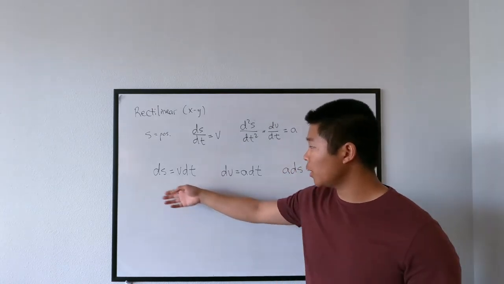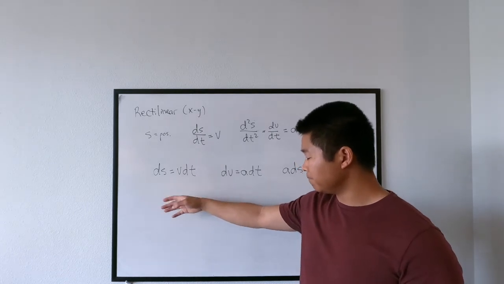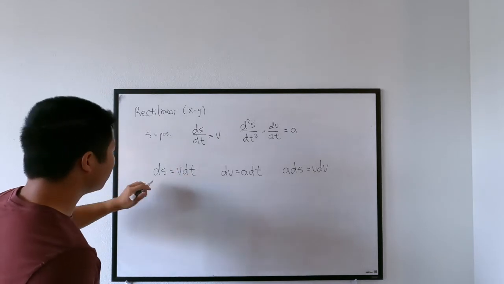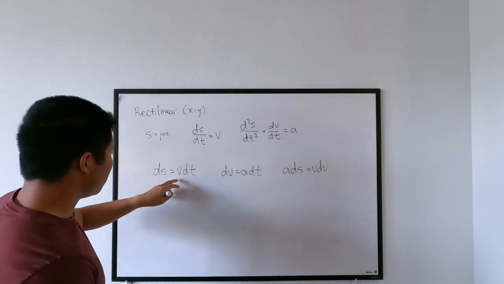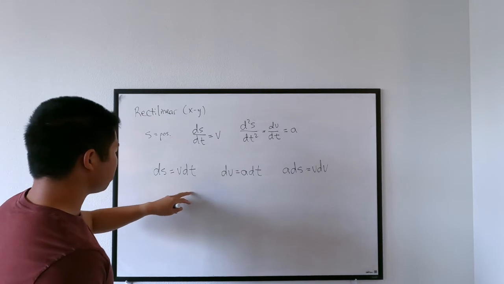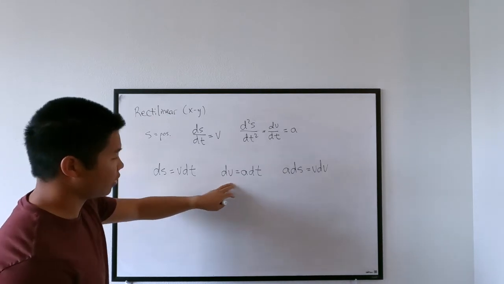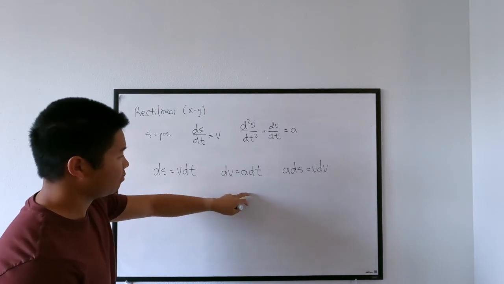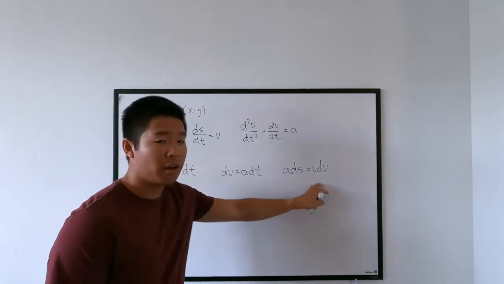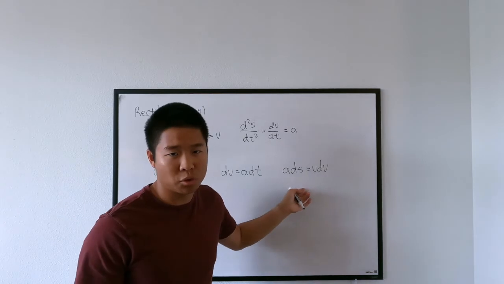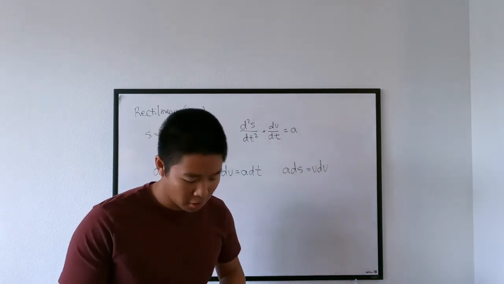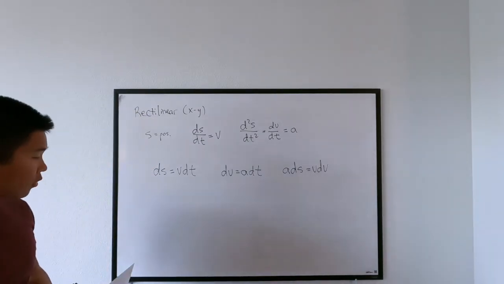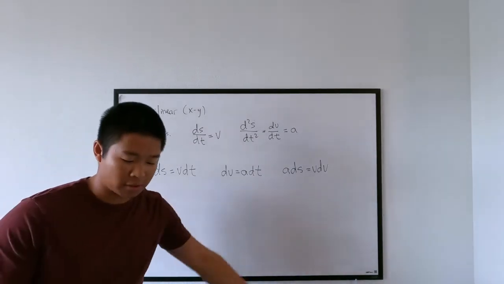So if you take the antiderivative, you'll get s equals v times t plus s naught, and here you'll get v equals a times t plus v naught, and for this one you'll get that other weird one with the v squared, all that funny jazz. We'll be using these throughout this entire lecture.